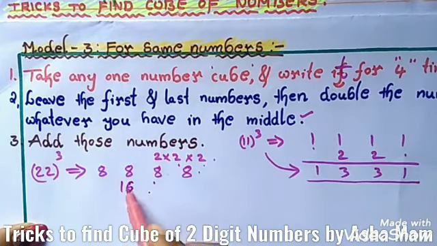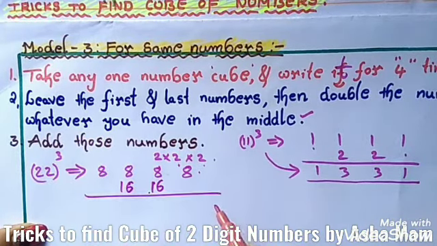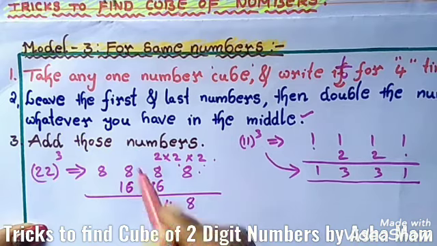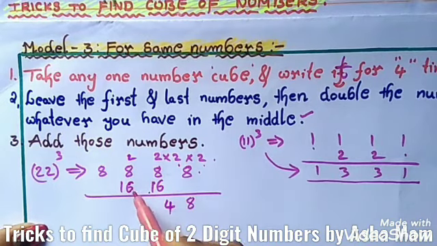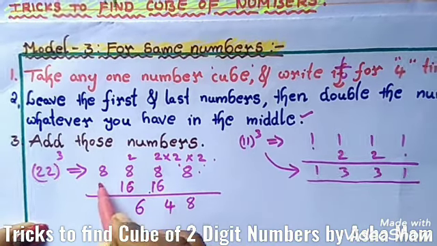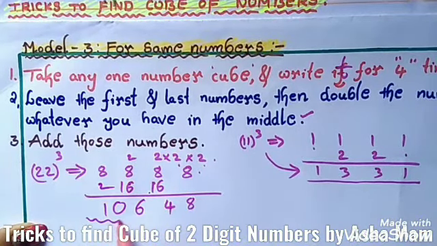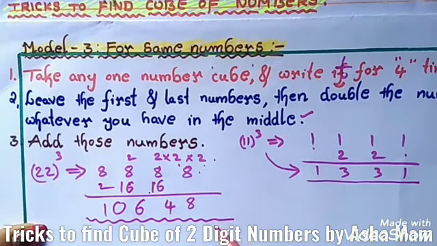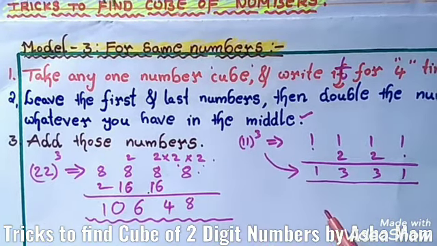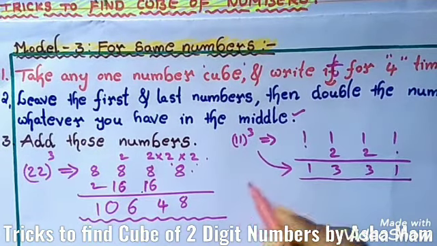Middle numbers double means into 2 simply, so 16. Now you have to add them, 8, 16 plus 8, 24, here 2 and here 4, 16 plus 8, 24 and plus 2, 26 here, and 10, 6, 4, 8. That is the answer for 22 cube. Okay, right, very easy, no?